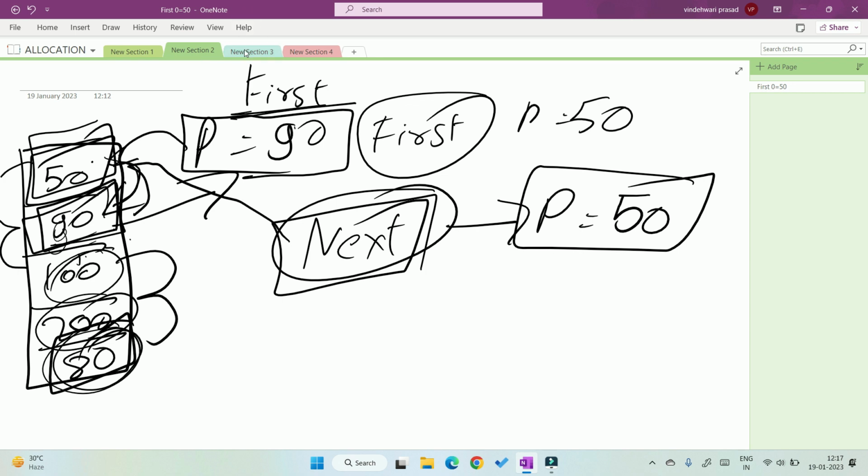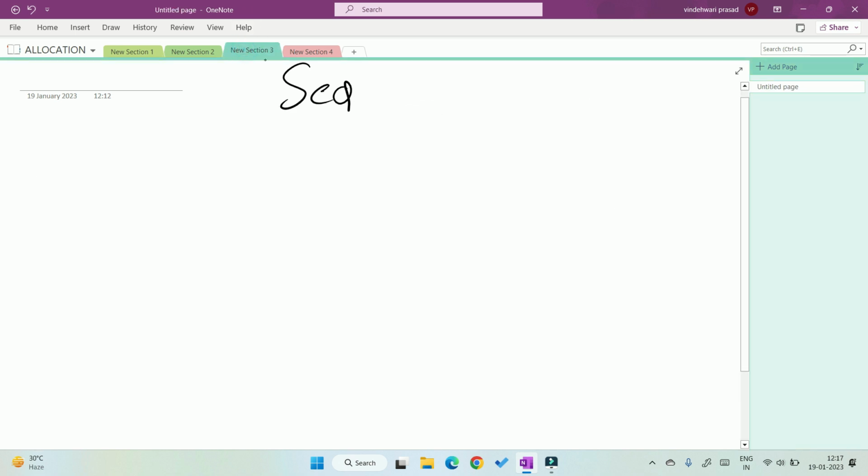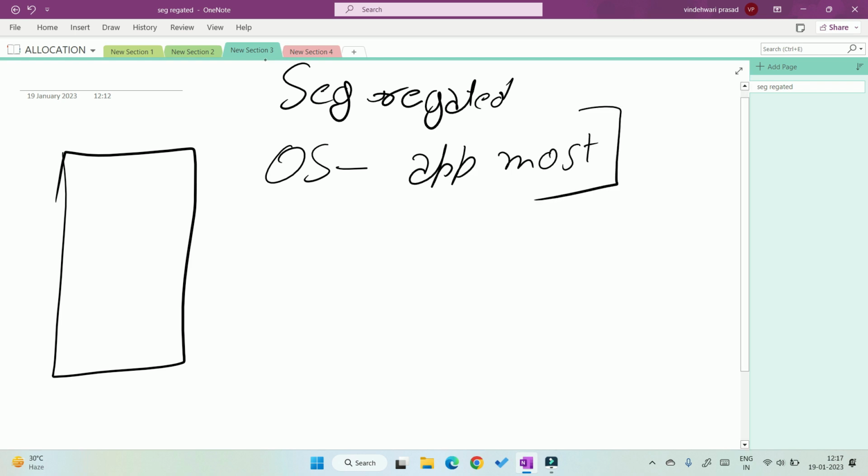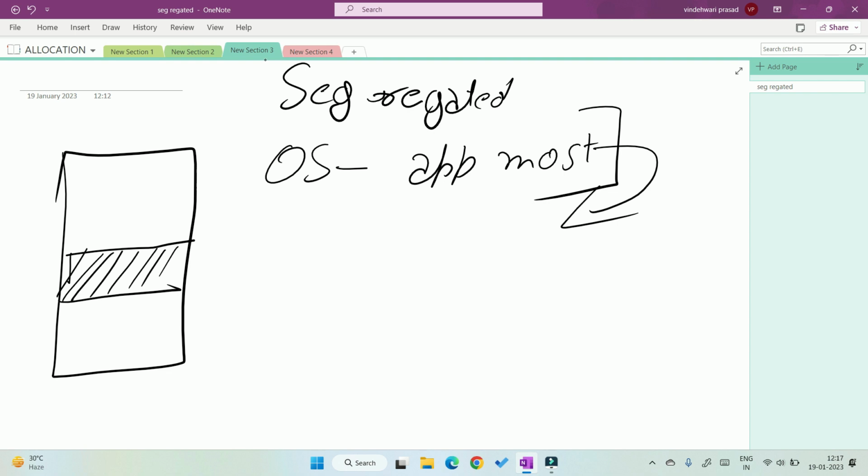The next one is the segregated method. What does this method do? Suppose there is an app which you open most frequently and which is most popular on your laptop. What will the OS do? It reserves memory for this app.